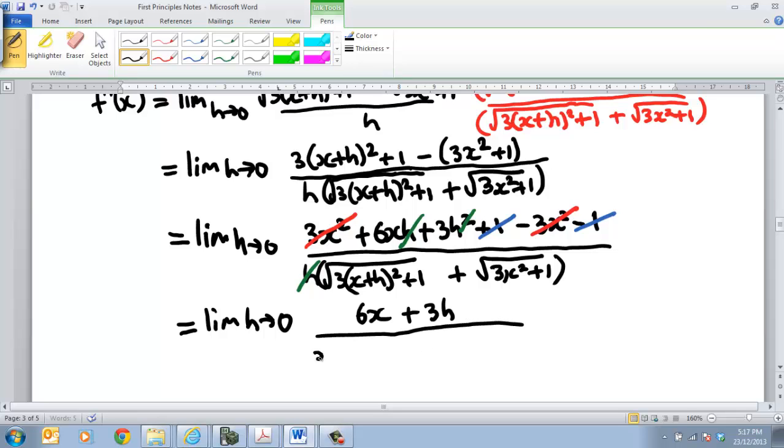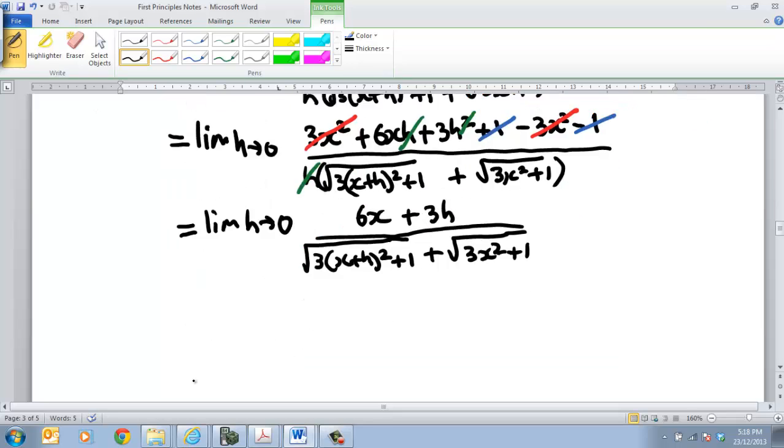The bottom line, we're going to have the square root of 3(x plus h) squared plus 1, and then that's going to be plus the square root of 3x squared plus 1. Alright, so when we take the limit as h goes to 0, so therefore we're now looking at our f dashed of x, which is our derivative, which is the slope of the tangent at the point where x equals x.